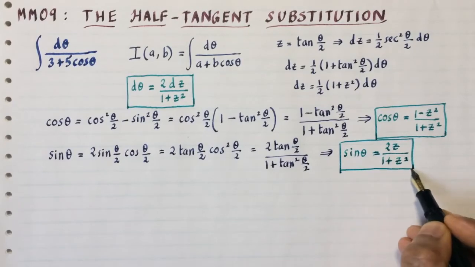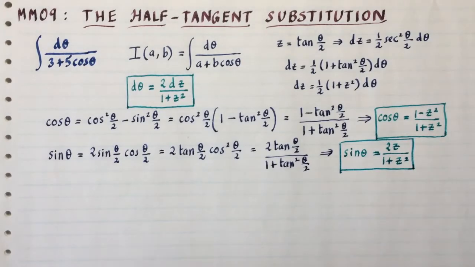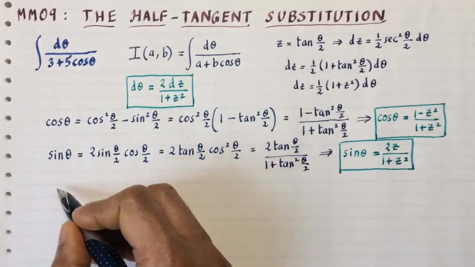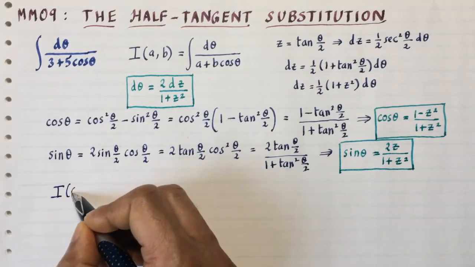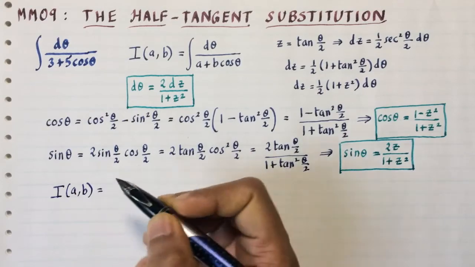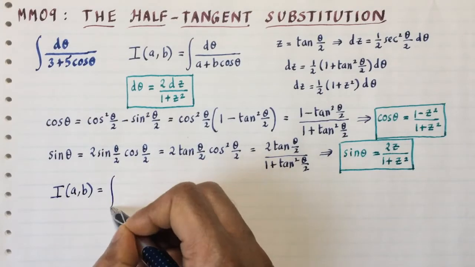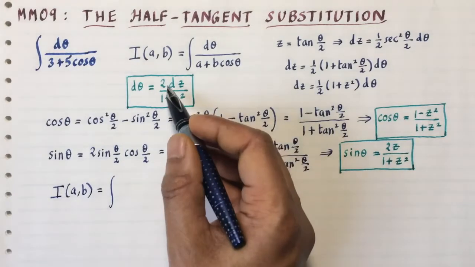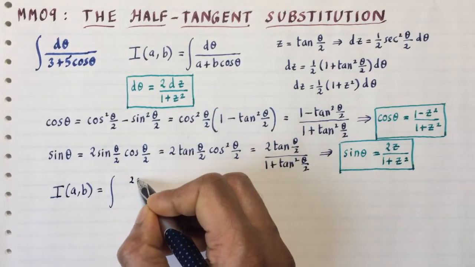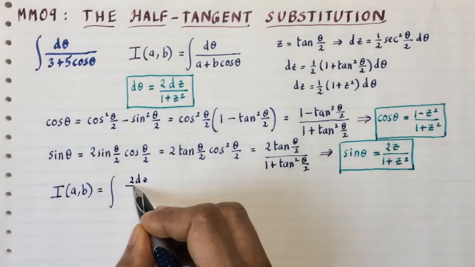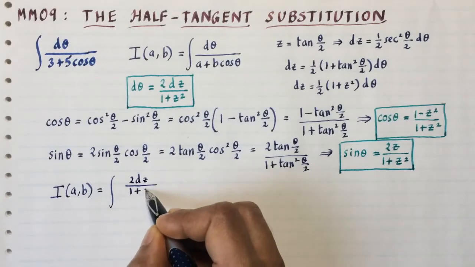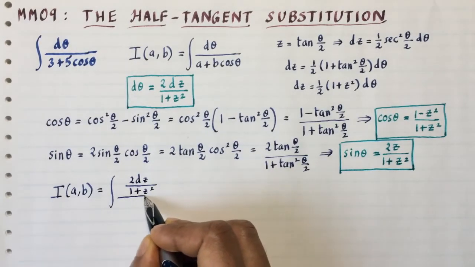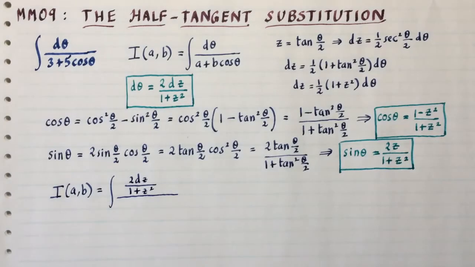Once you have these, you can go back to your original integral and substitute these things. So let me go over to I of a comma b. That is the integral of d theta, which I can write as 2 dz over 1 plus z squared, divided by all this here.